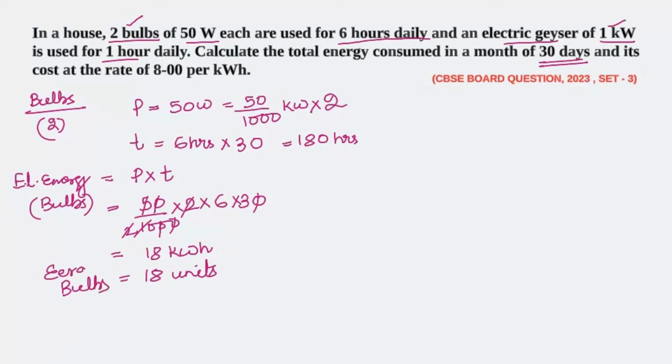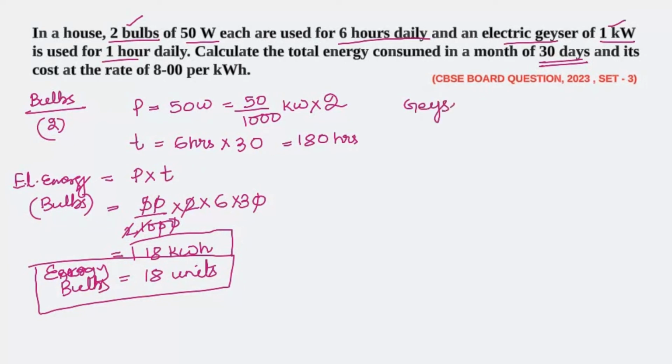So energy for the bulb is 18 units or 18 kilowatt hour. Now for the geyser, the power rating is given as 1 kilowatt, so we don't need to convert it because it's already given in kilowatt. The time duration is 1 hour daily for 30 days, so the total will be 30 hours, right?